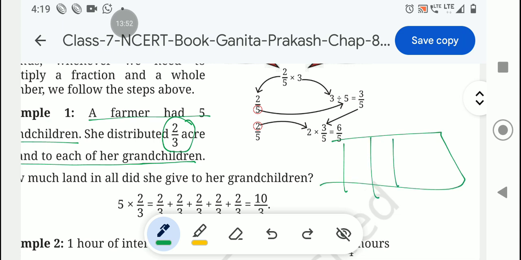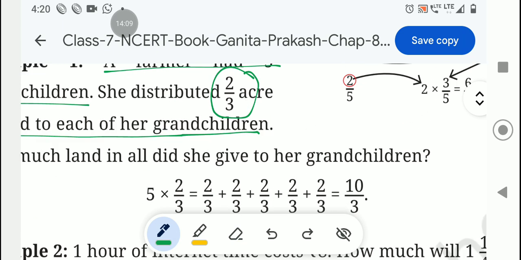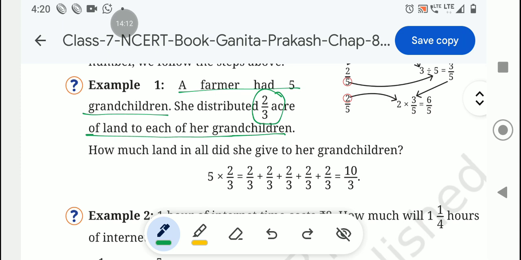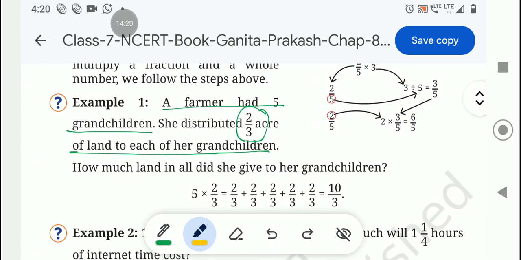So it is 2/3 of an acre she distributed to each grandchild. How much land in all did she give to her grandchildren? That we have to find here. So, total how many grandchildren are there?